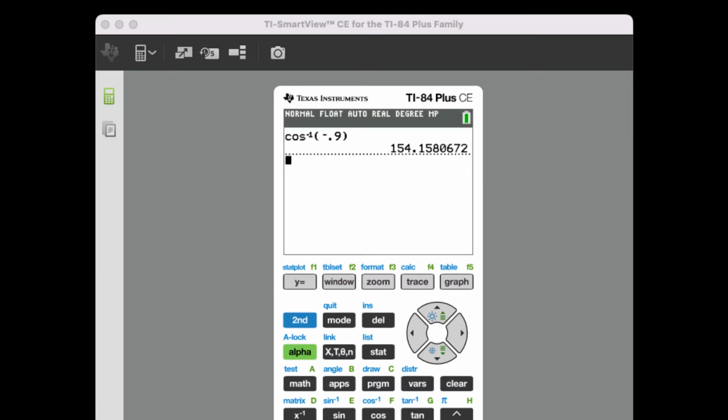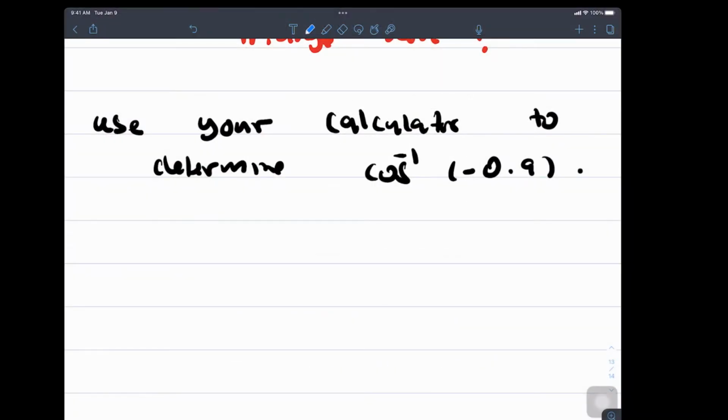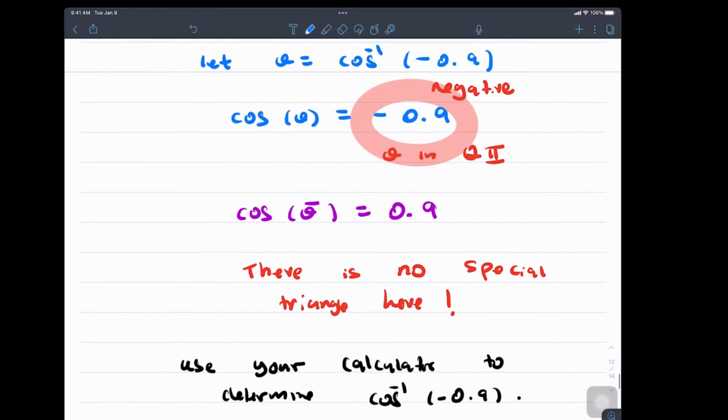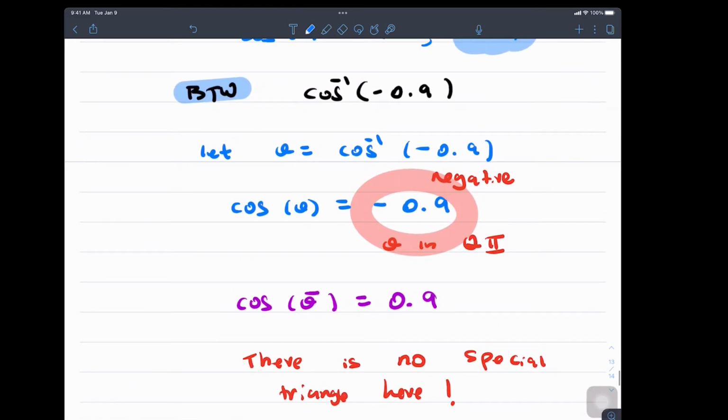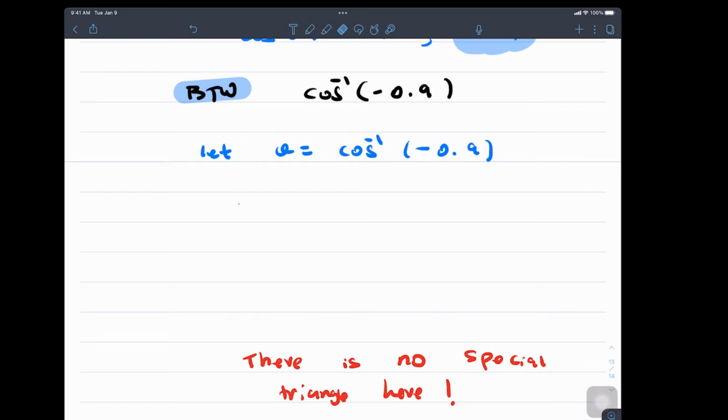You see what you're looking at here? You might say, what am I really looking at? Well, go back up to what we said. We're going to erase all of this because it doesn't really apply. They want us to use a calculator. The only way you can do it is with a calculator. This is what you just found here. It was theta.